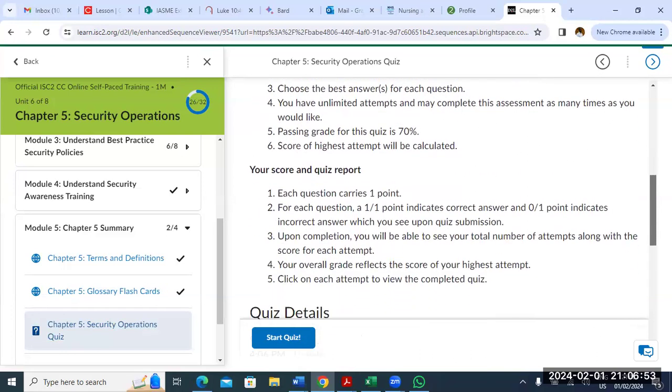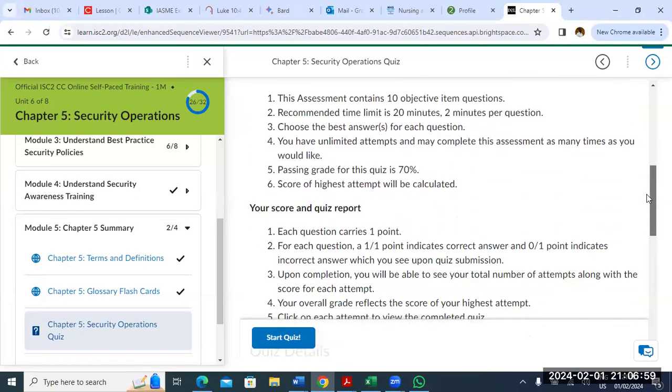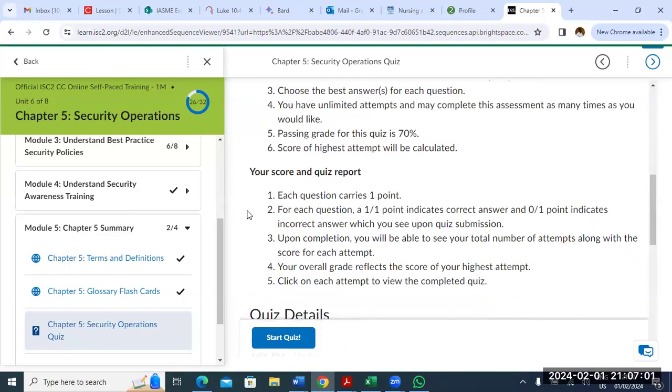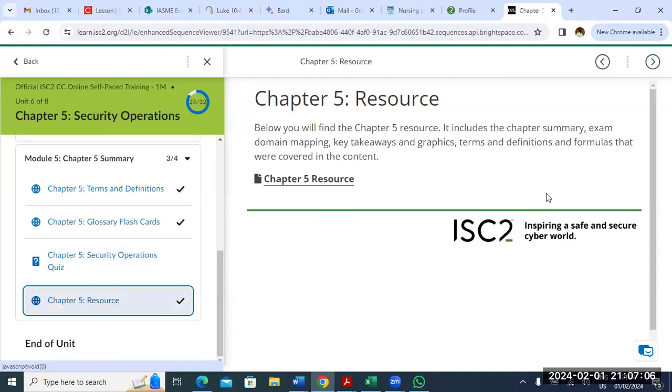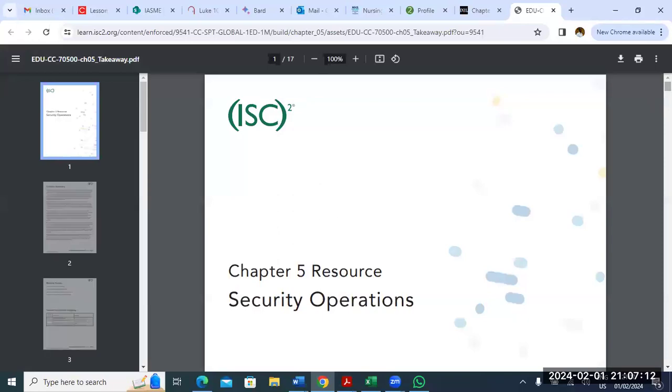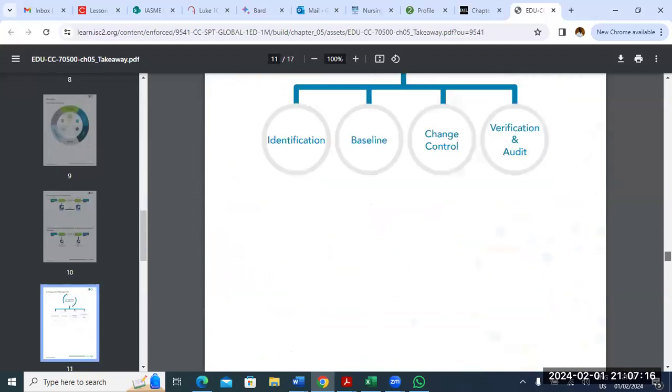I think they also have a quiz that you can partake in. It's good. Just run through it. I think that is all. So for additional resources, you can go here to get more information. Just go through it.